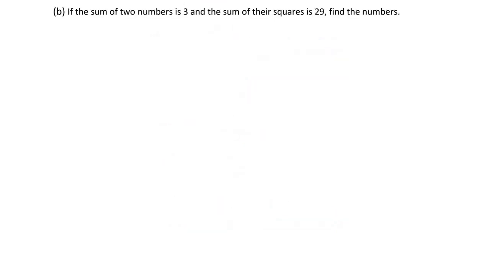Part B of the question: if the sum of two numbers is 3 and the sum of their squares is 29, find the numbers. Okay, so first let x equal the first number, and then let y equal the second number.